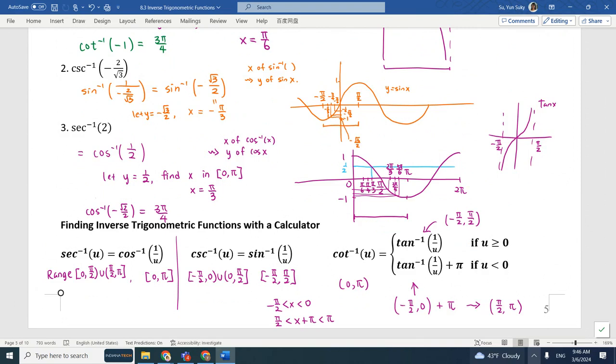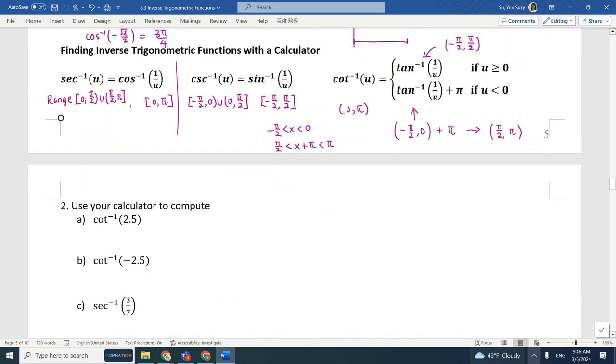Yes. So now let's look at the calculator. So arc cotangent 2.5. Because 2.5 is positive, according to our formula, this is what? Arctangent of 1 over 2.5. And now everybody, take out your calculator.